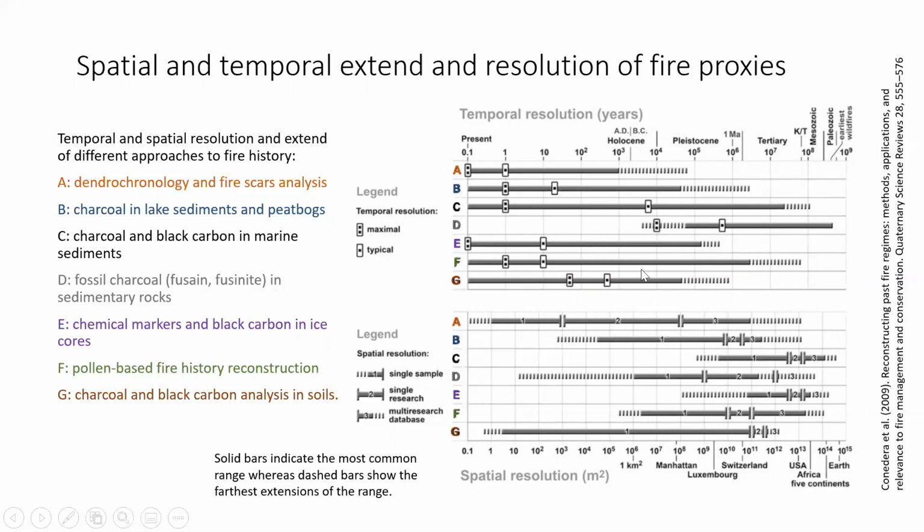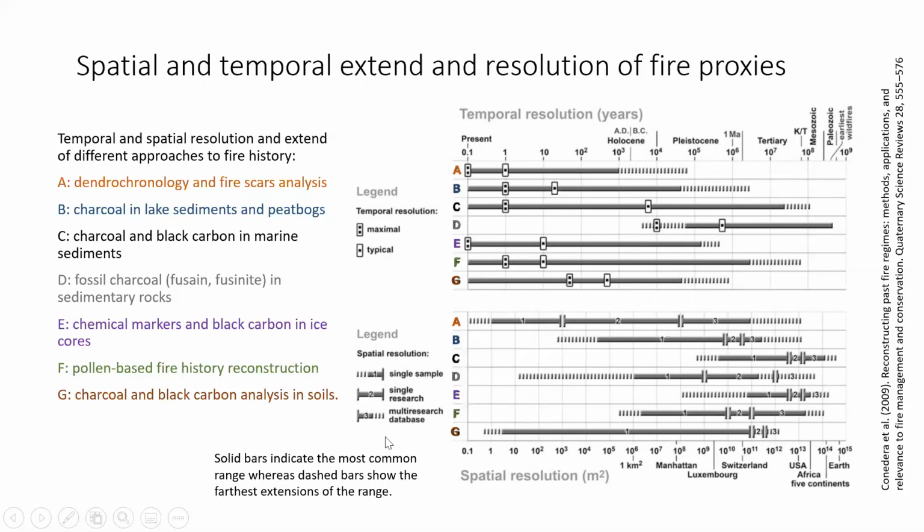Also pollen-based fire history, and then charcoal and black carbon in soils, and we can get quite good extent, but then not as good spatial or temporal resolution, but then better spatial resolution.